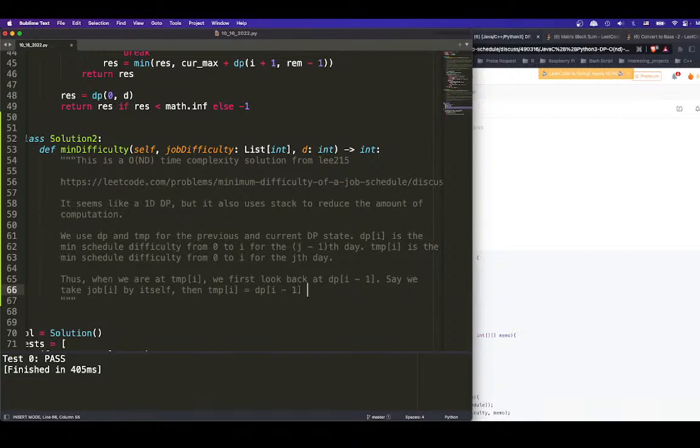So I shall add job difficulty i, right? So that's kind of the, wait, I feel like this is not right. Hold on. So the previous day, and the current day, yeah, this is right.